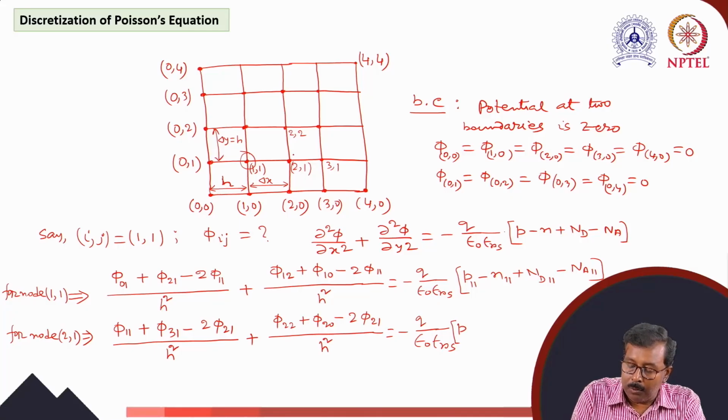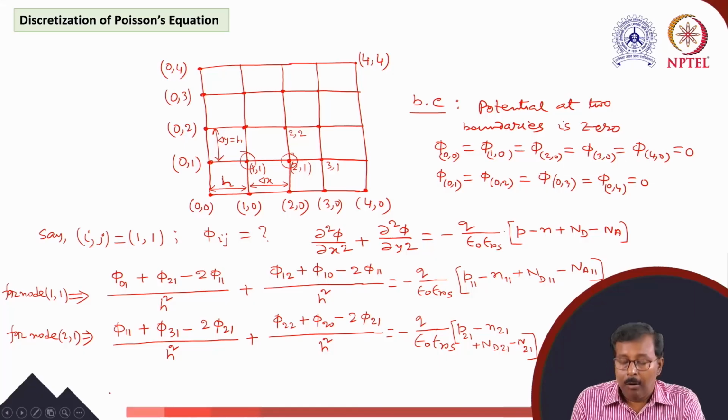This is the node for 2 1, minus n 2 1 plus nd 2 1 minus na 2 1.